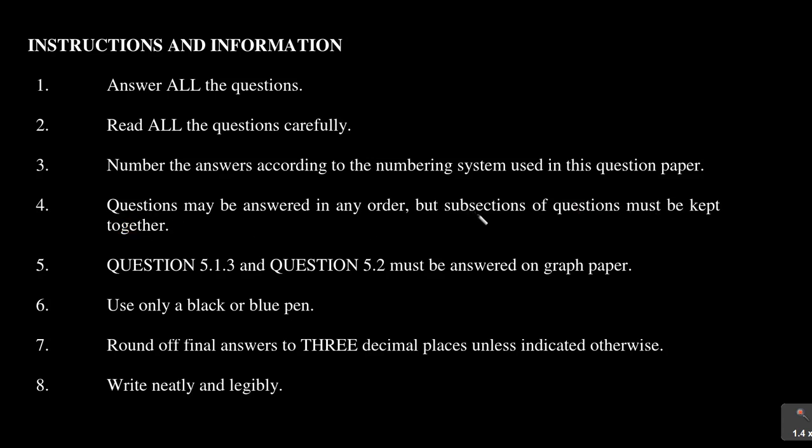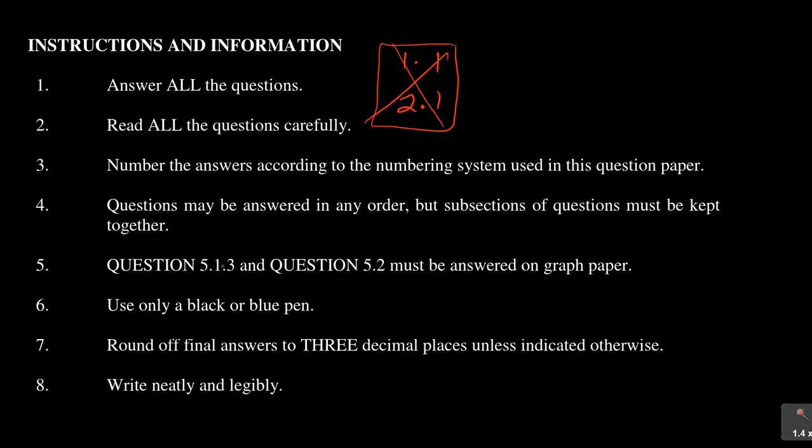So whenever you start a question, you need to complete the whole question so that you don't mix 1.1 with 1.2 and then 1.3. You can't mix questions. For example, you can't say this is question 1.1, now you don't know question 1.2, then you go to question 2.1. You see that you are mixing subsections, and this is not allowed.